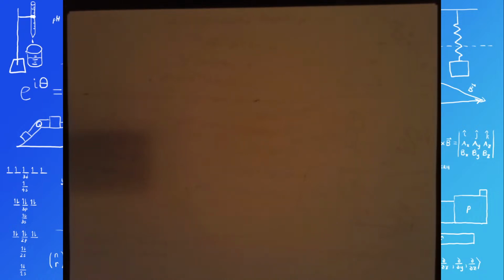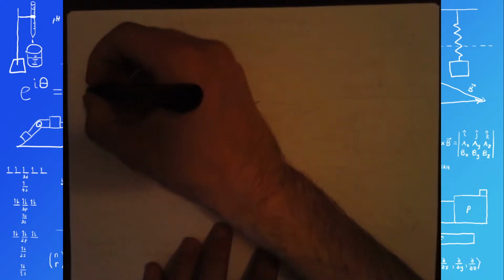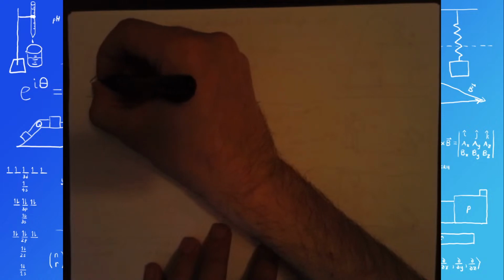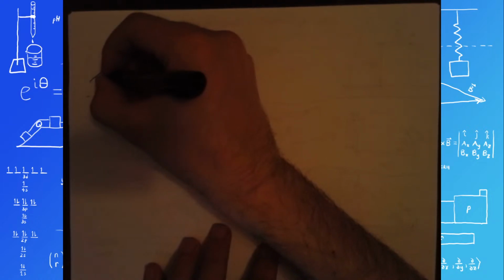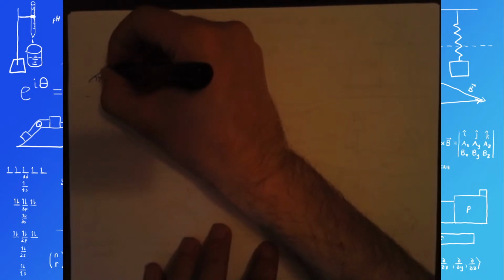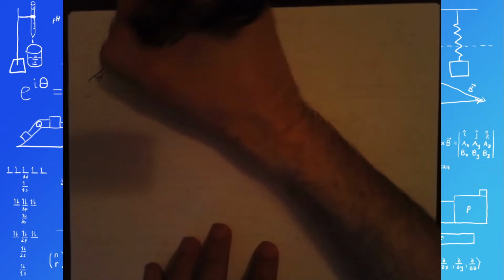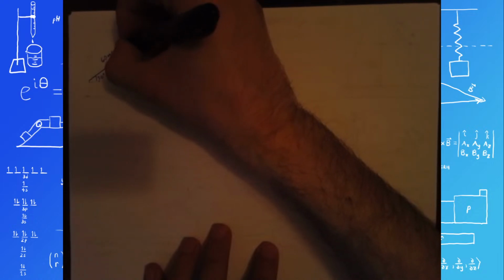Let's see. So it says a projectile is launched with initial speed 60 meters per second at an angle of 30 degrees above horizontal. Okay, 60 meters per second for V initial.